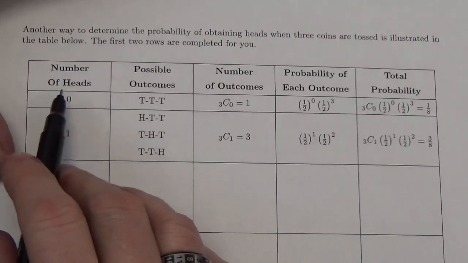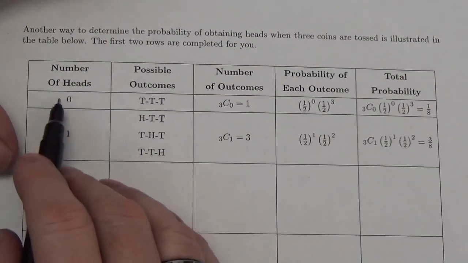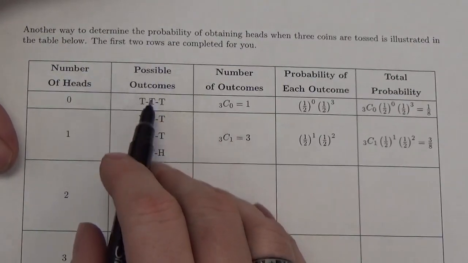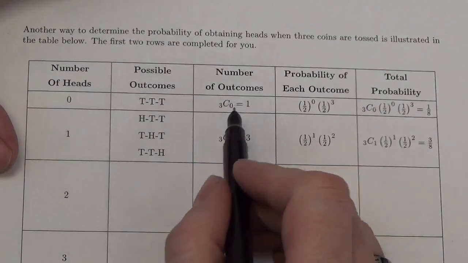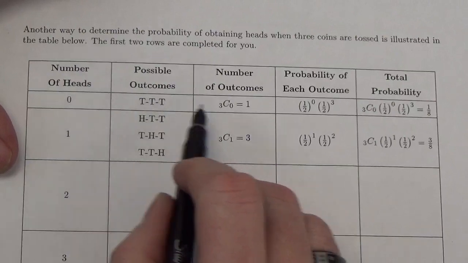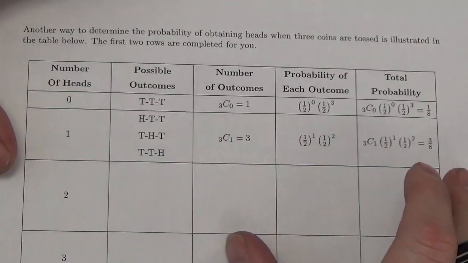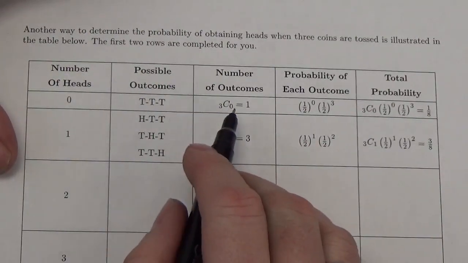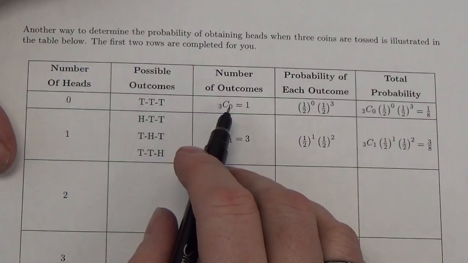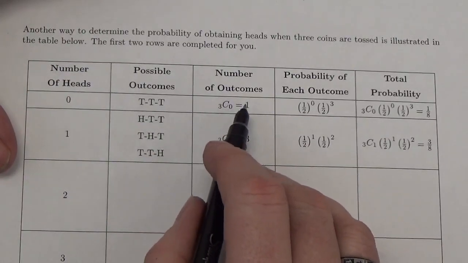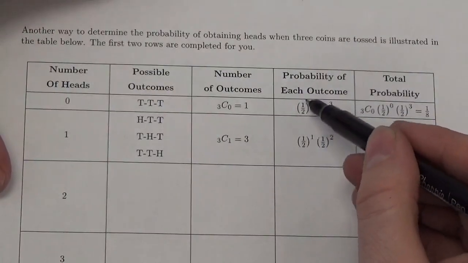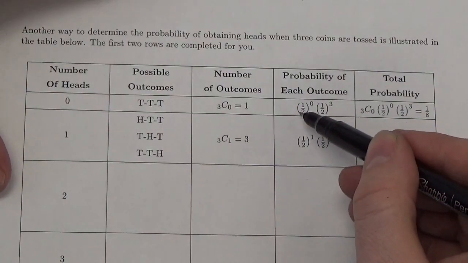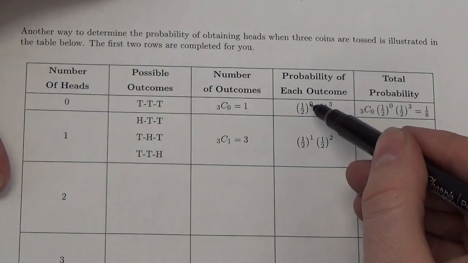So if we take a look at the number of heads here, and let's say it's 0, well, the way that would work here is if you got a tail, tail, tail. So of those 3, I'm going to choose none of them. So I'm going to choose 0 to be equal to heads. Now, how many ways can that occur? Well, just once. So here we go. Now, this is the probability of getting a head on any coin, and I have 0 of them.